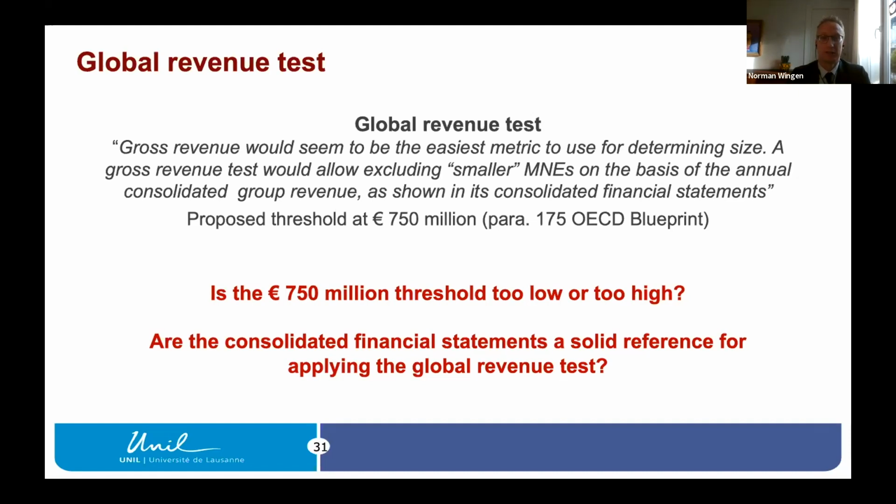It is supported by an economic assessment, which was referenced. So it is, at the end of the day, again, a negotiation between the countries where they want to set the threshold. But I just wanted to make clear that there are voices who are asking for a lower threshold as well.